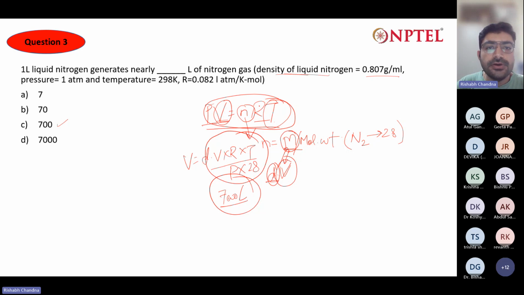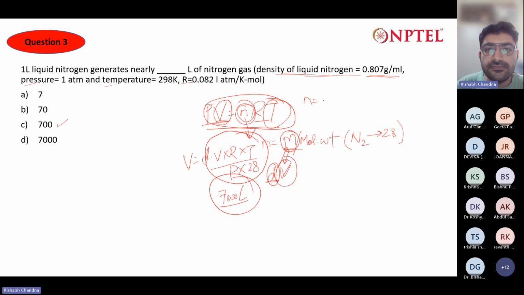Now we have the direct values of gas constant, temperature, and pressure, but we need the number of moles of gas that are present. For that, we have the density of liquid nitrogen as 0.807 gram per ml, and the volume of liquid nitrogen is 1 liter. From that, we'll calculate the number of moles.